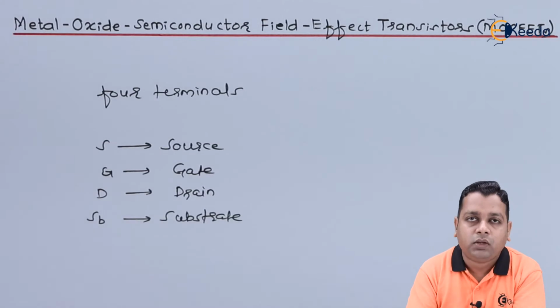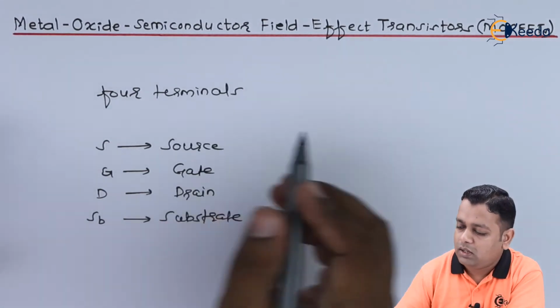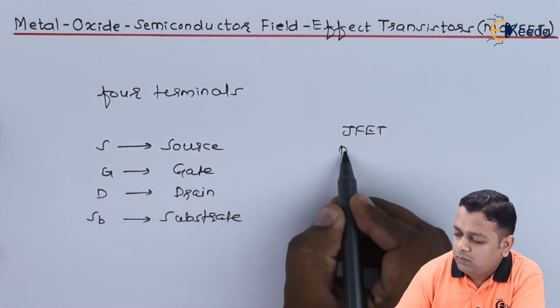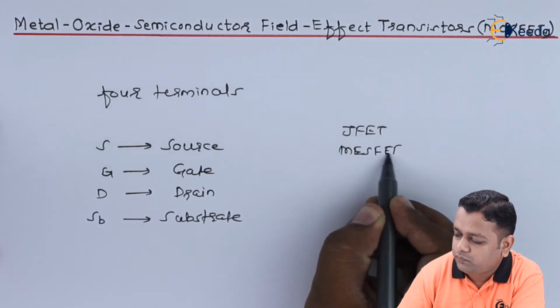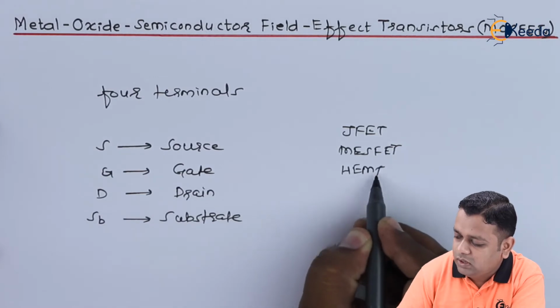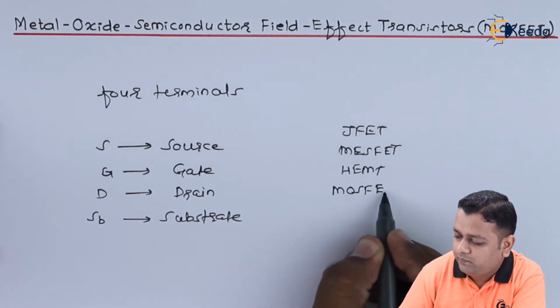So as we have a switching from the JFET to the MOSFET, and next to that we have HEMT, now we have MOSFET here.